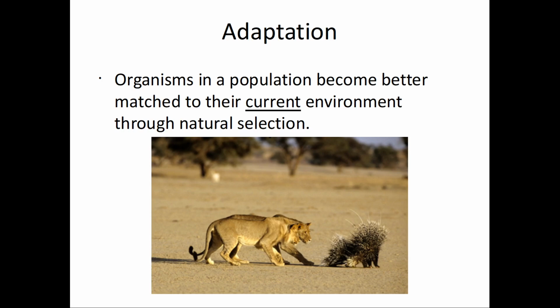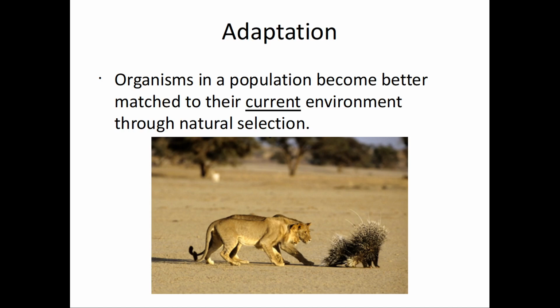So organisms in a population become better matched to their current environment through natural selection, and this is not intended to mean that an individual is changing. What's going on is, if they have a particular adaptation or mutation or gene variation that is beneficial, they survive to reproduce.